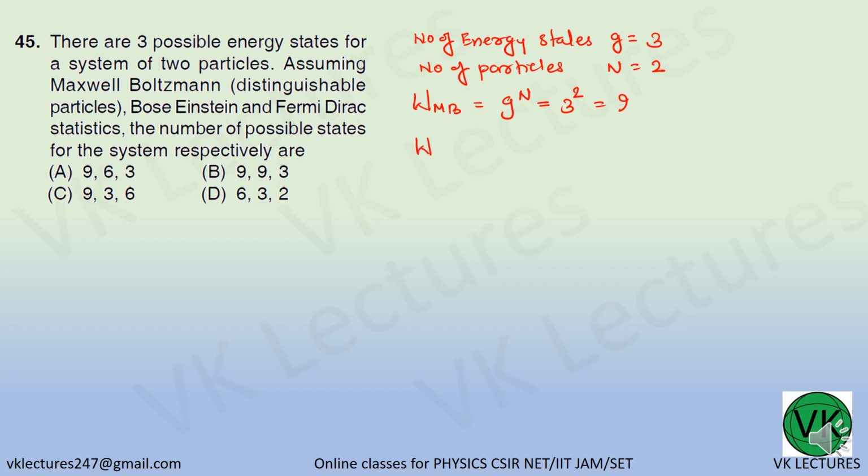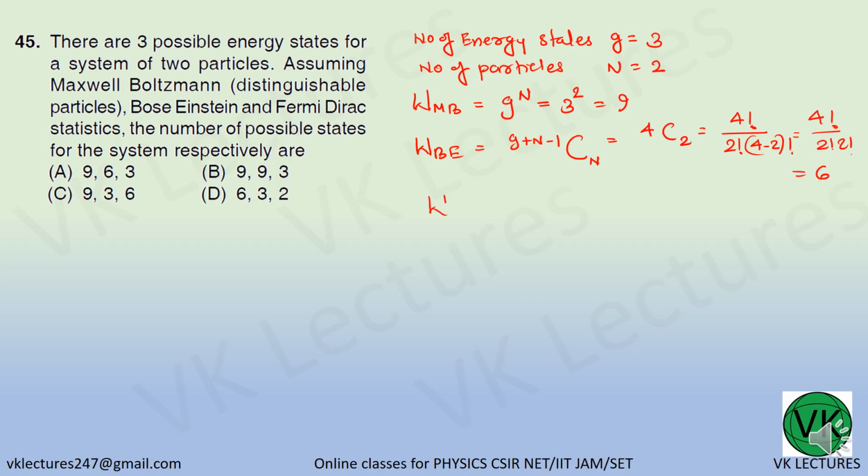Similarly for Bose-Einstein, we have G plus N minus 1 C N. So that's G plus N is 2 plus 3, 5, 5 minus 1 is 4, 4C2, which is 4 factorial divided by 2 factorial into 4 minus 2 factorial, so 4 factorial divided by 2 factorial into 2 factorial, which is equal to 6.